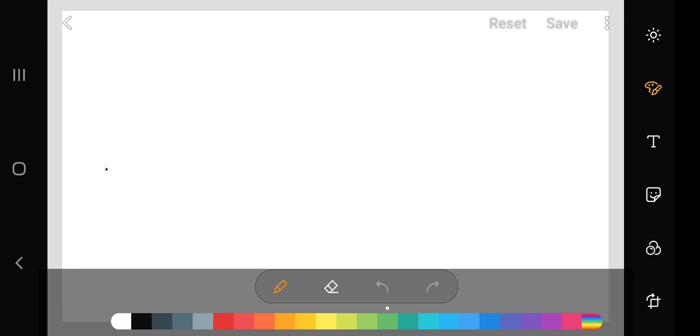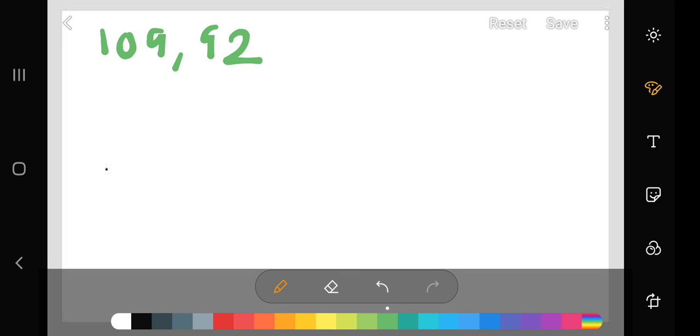Now let's see this practically. So we have a 2-digit number and a 3-digit number, 109 and 92. Firstly we will take 100 as a base, and for the 3-digit number we will subtract 100 from 109.